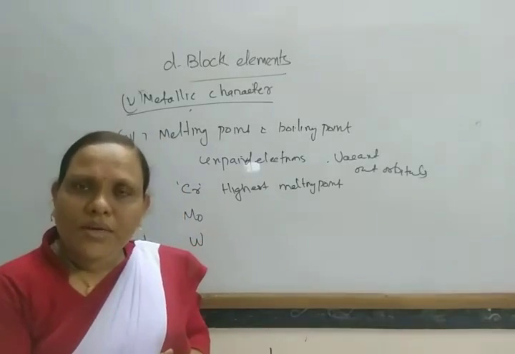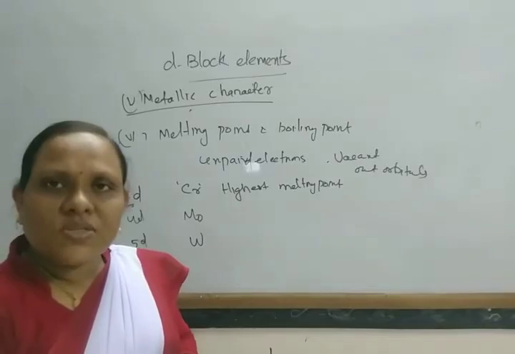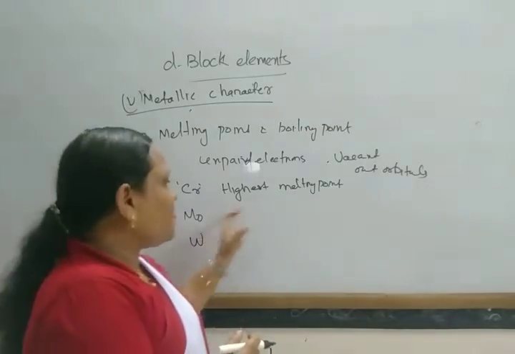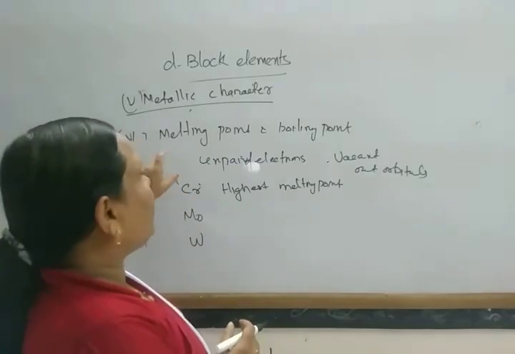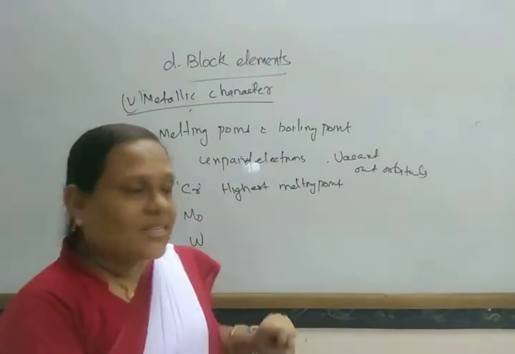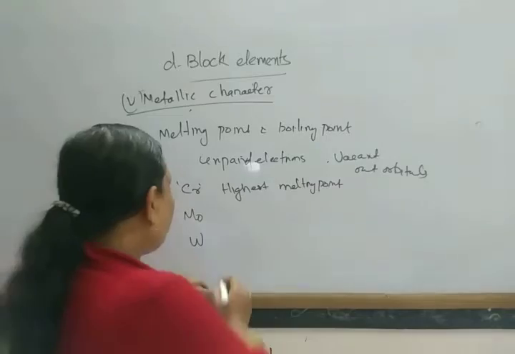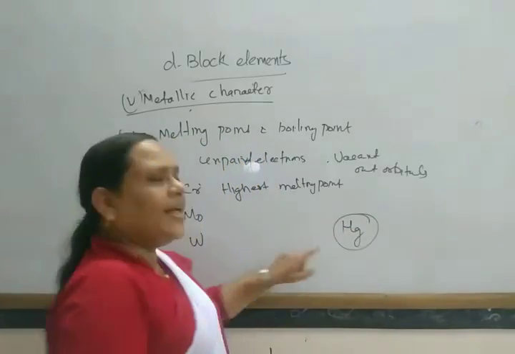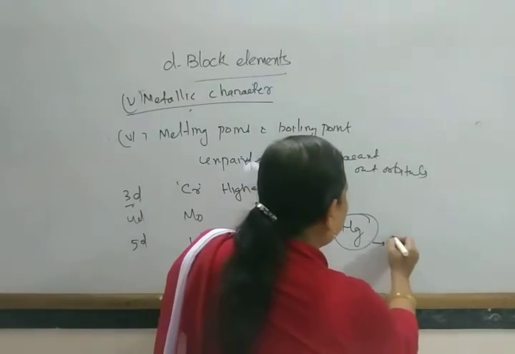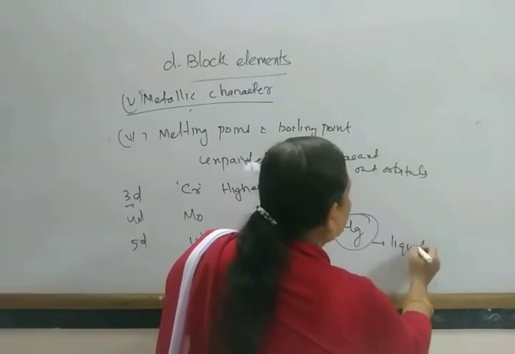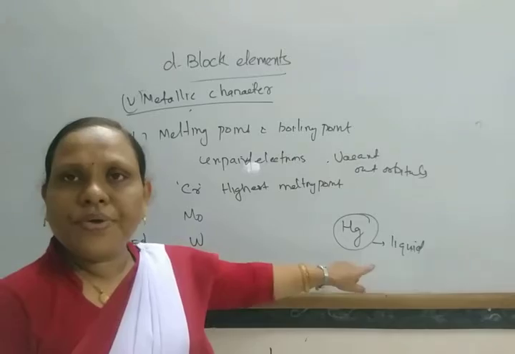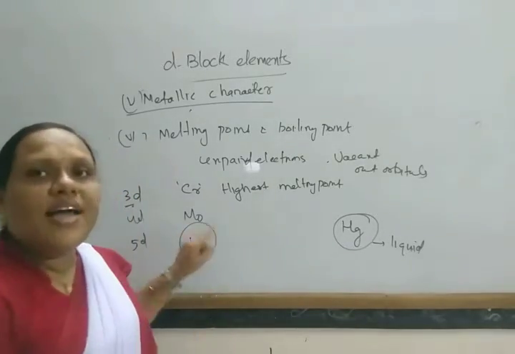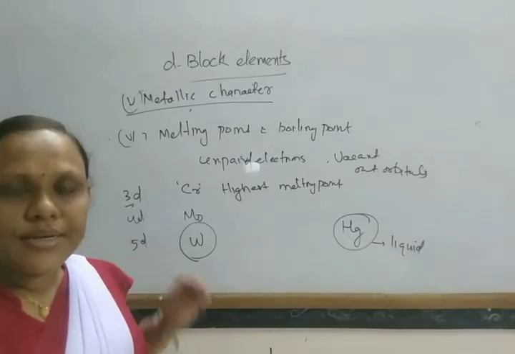As pairing takes place, repulsion among the electrons takes place and the metallic character also decreases. In this way, mercury has the lowest melting point, hence exists as a liquid at room temperature, while tungsten has the highest melting point.